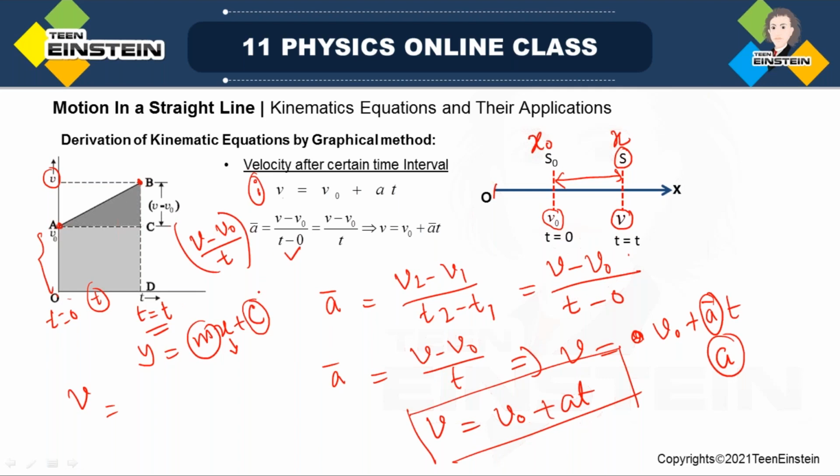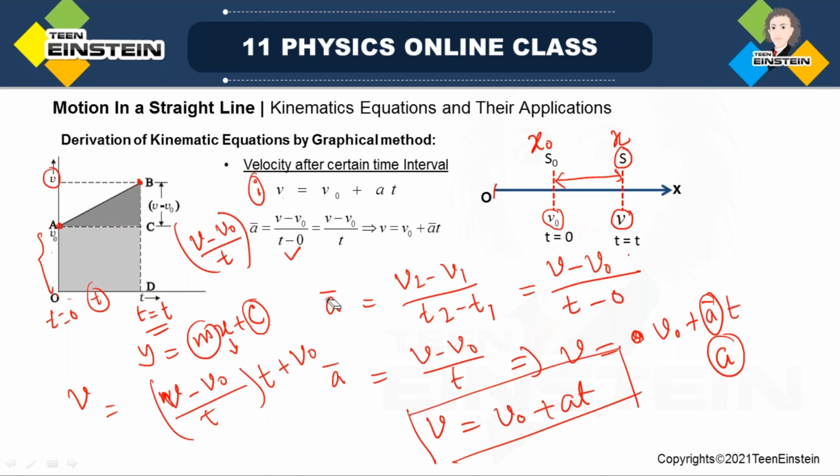So mx plus c, look what we can write. m into x we have written already. So m means v minus v0 by t, and x is also t at a certain instant of time. What is c? c is actually this part, this initial velocity v0.